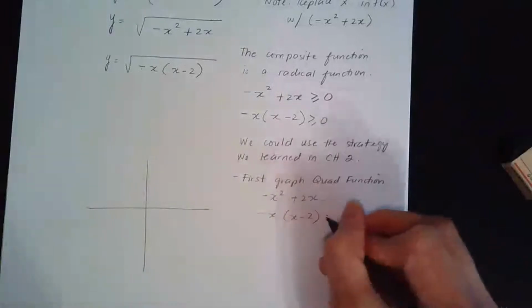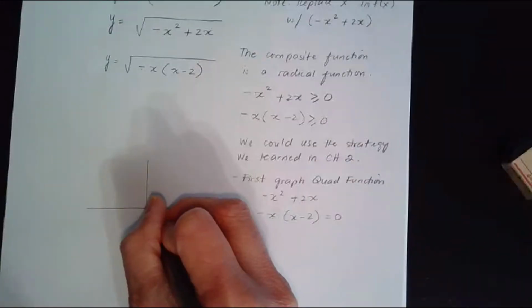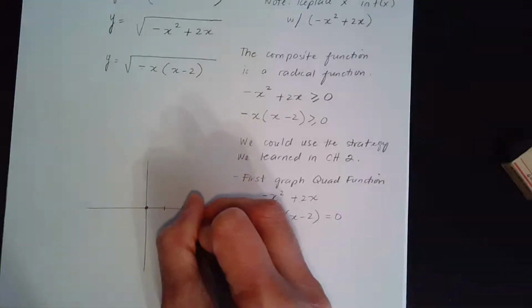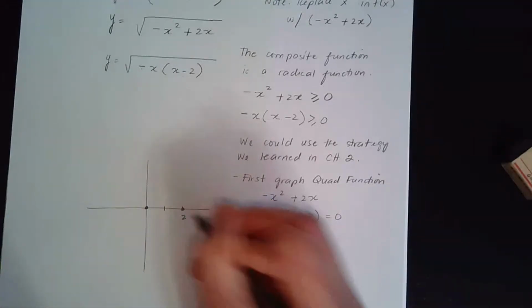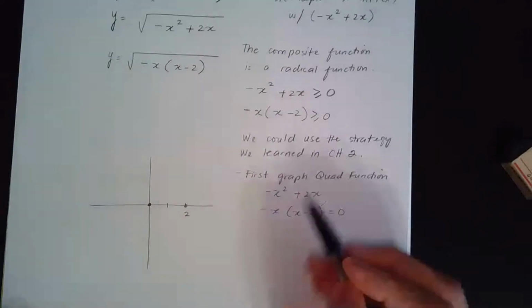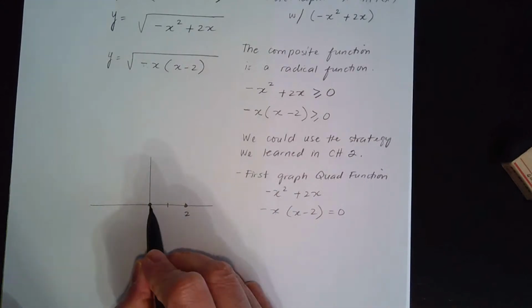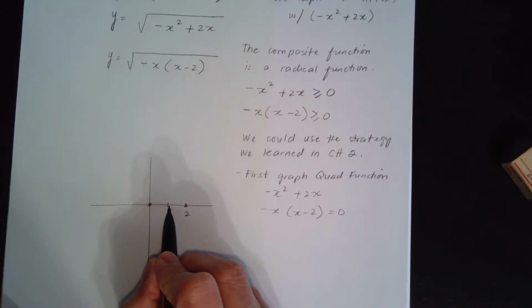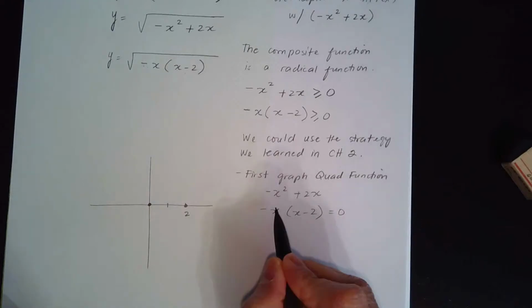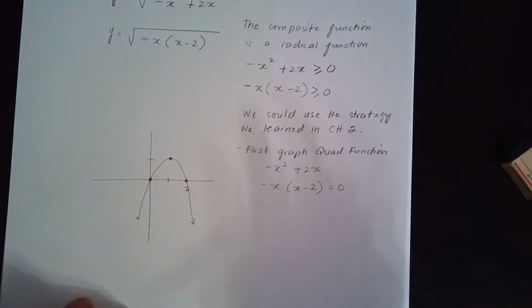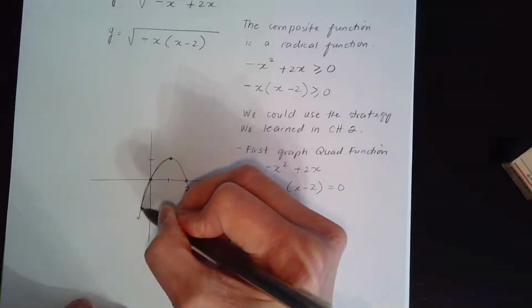So that will make it equal to 0 at 0 and positive 2. And the vertex will be in between 2 and 0, so that means x is positive 1. So it's helpful that we learned this in chapter 2.